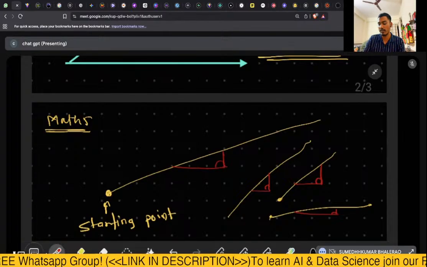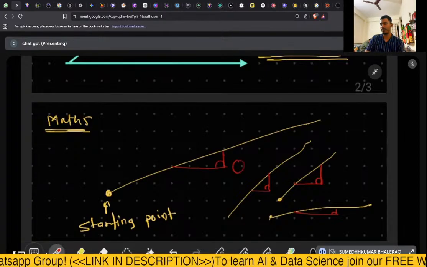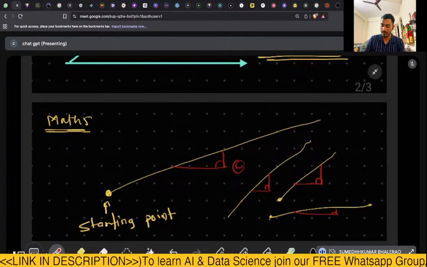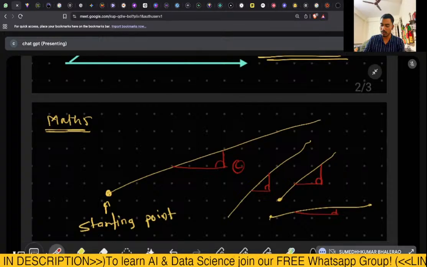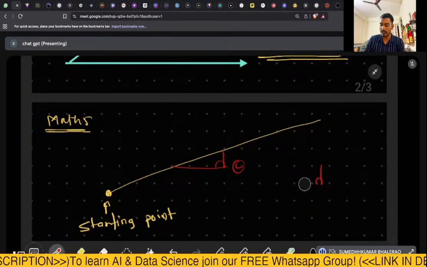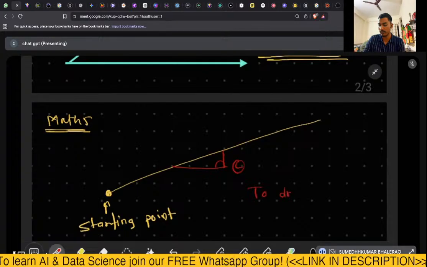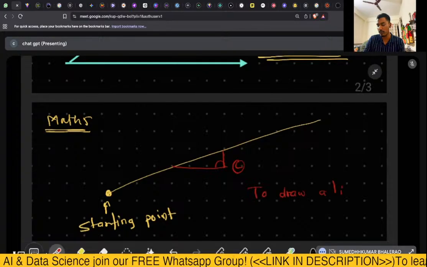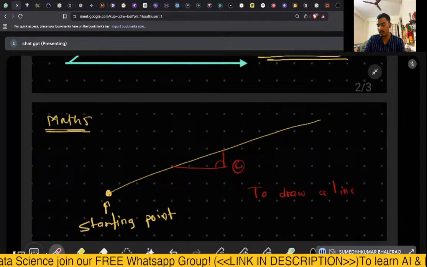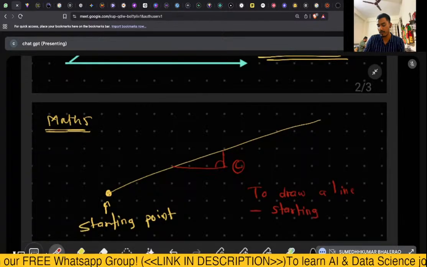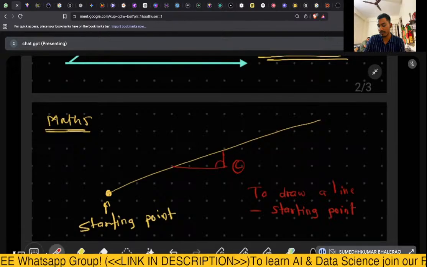Here we call this angle theta. So we got to know that to draw a line, we first need a starting point and we need a slope.